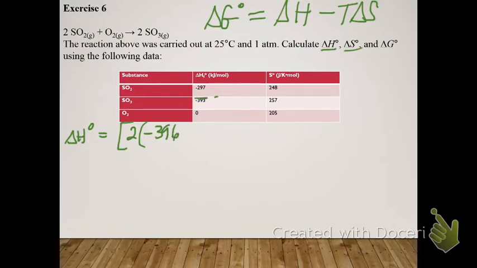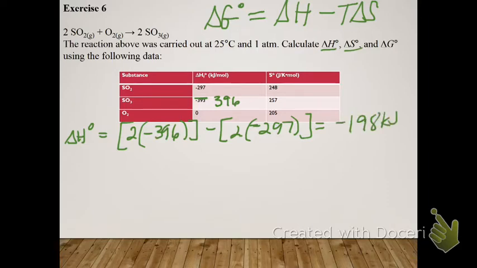I just realized when I typed this in that it's 396, because I'm looking at my math going, what happened there? And that's going to be minus 2 times negative 297. And of course, 0 for oxygen. So that's going to be a negative 198 kilojoules per mole of reaction.